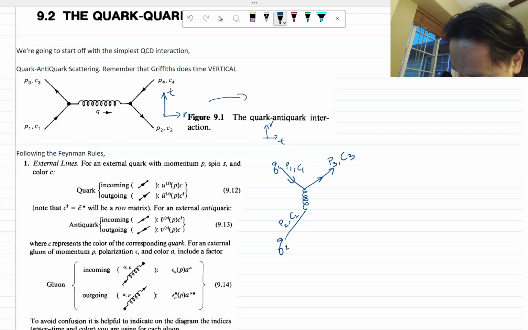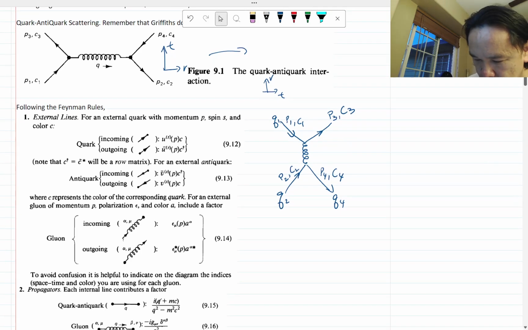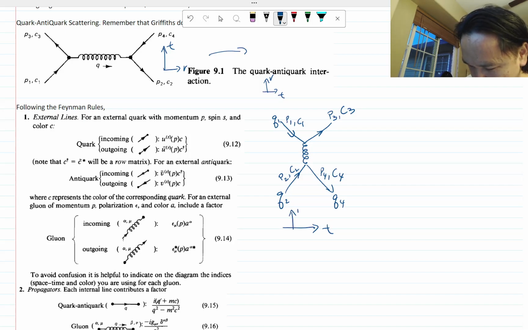So let's have the particle arrows, right? Okay, and then we have our outgoing quark, which also has a different momentum and also a different color. Okay, all right. So remember, this is time and this is space.